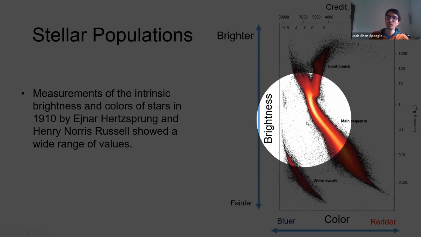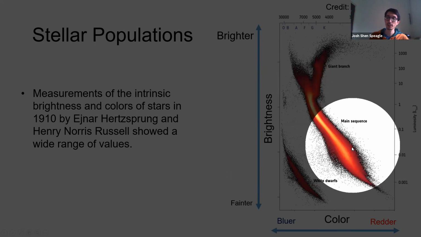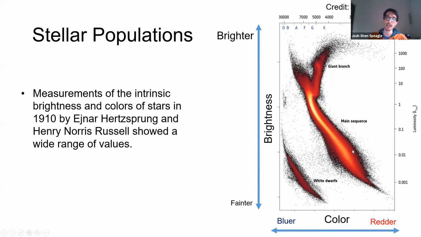The color of the actual plot is showing the rough density of stars. So things that are brighter have more stars, things that are redder have fewer stars, and the black points are individual observations. And these are all, again, taken from the Gaia space satellite, which has observed over 1 billion stars to try and estimate some of these quantities. So what you can see is that there is this really tight correlation between the brightness of a star and its observed color.